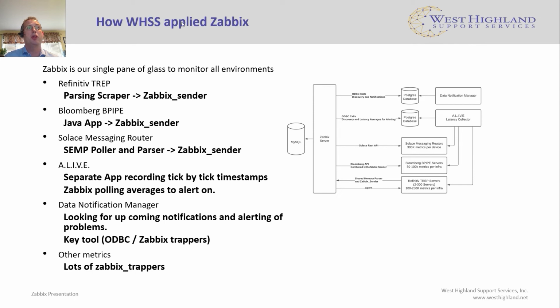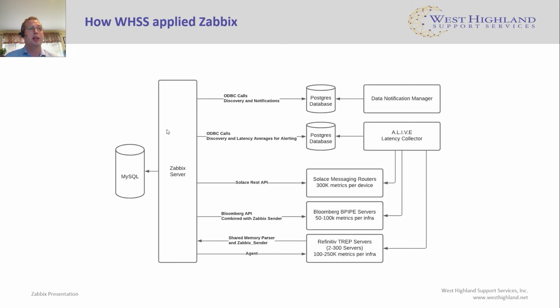I'd like to walk you through how some of our tools are actually working today and how we're doing it. So I'll go to our next slide and walk you through it. We've got our data notification manager, which is a separate tool we have, and we monitor it directly using ODBC calls. Great use for the tool.